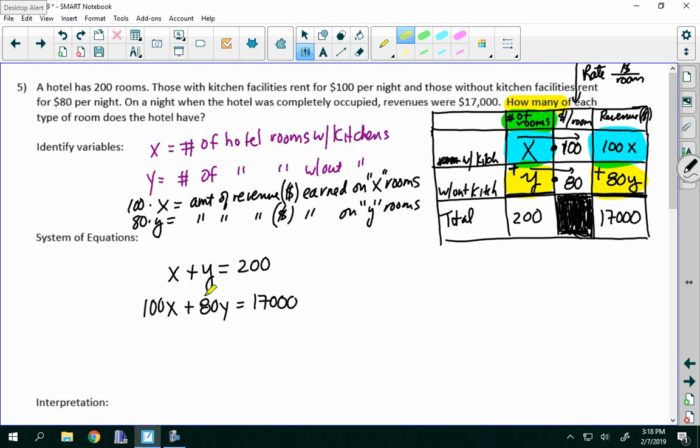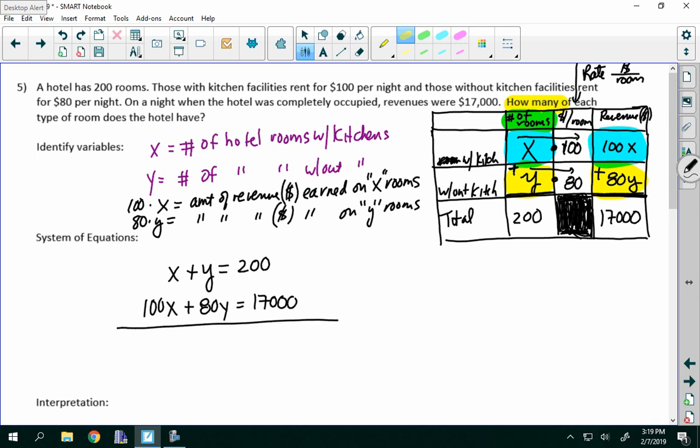So this what equals what says if I take all the revenue from all my rooms with kitchens and add it to all the revenue I collect from my rooms without kitchens for one night, I'm going to make $17,000. This one just says, hey, the number of rooms with kitchens and the number of rooms without kitchens totals 200. So this is our system.